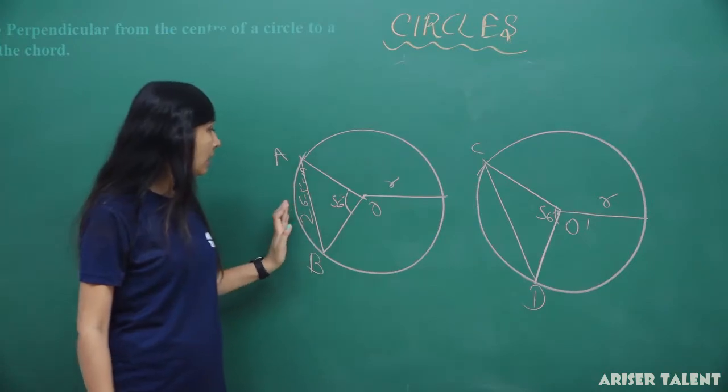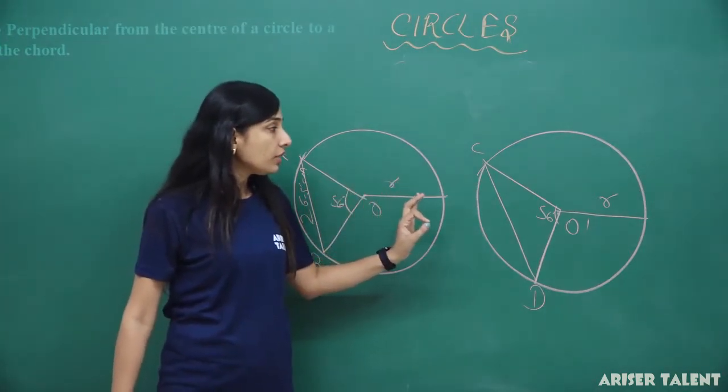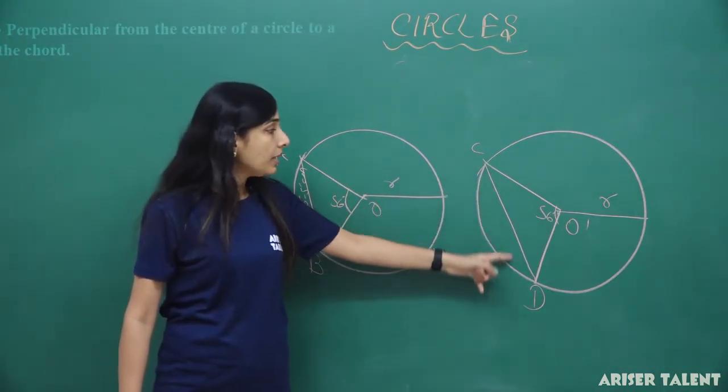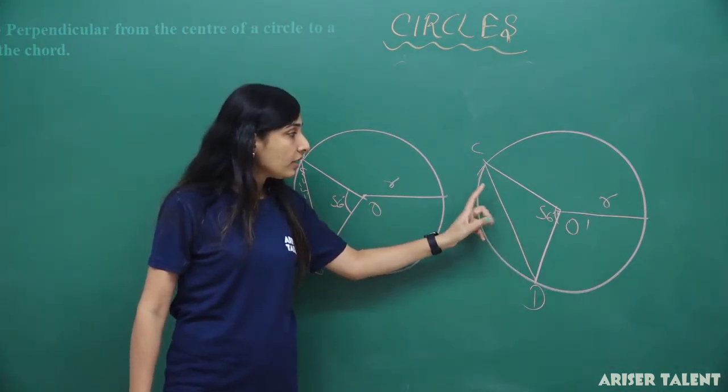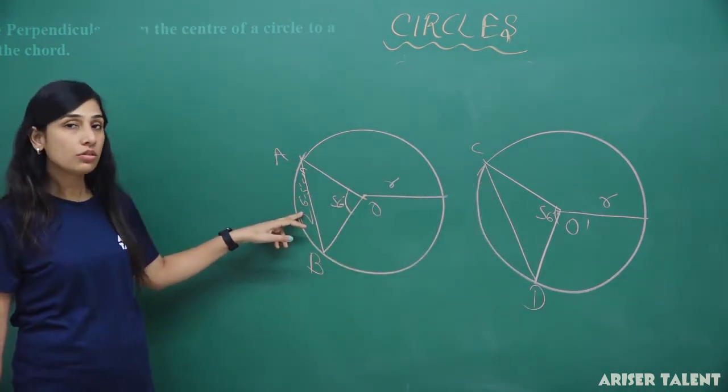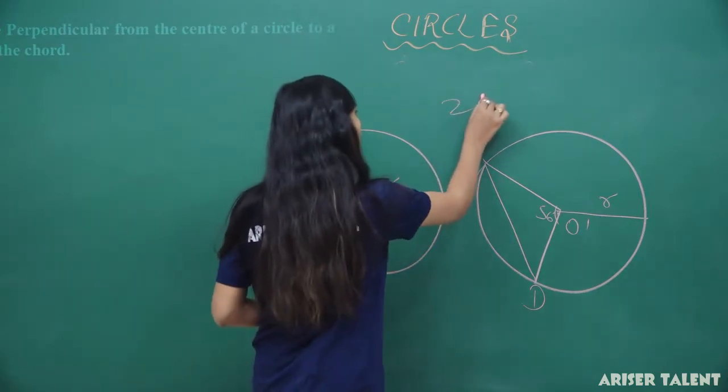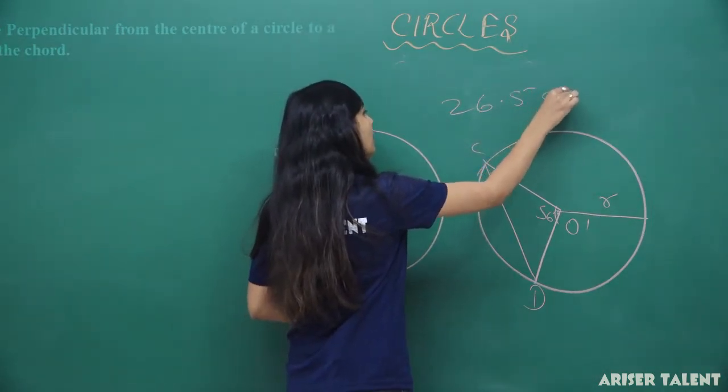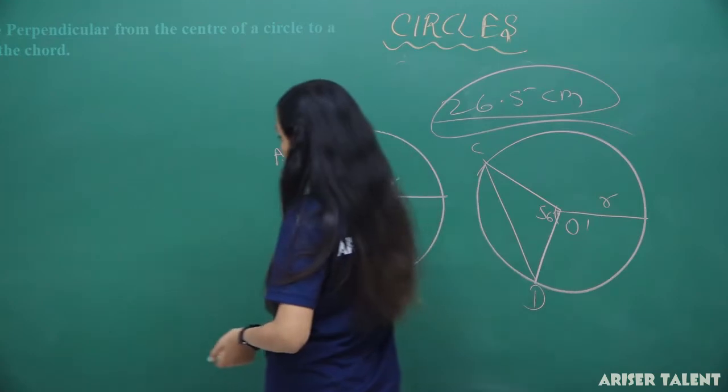So we don't need to do any calculation, we just have to find that the value of this will be equal to this. So the simple answer, what will it be? 26.5 centimeters, without blinking. That will be your answer.